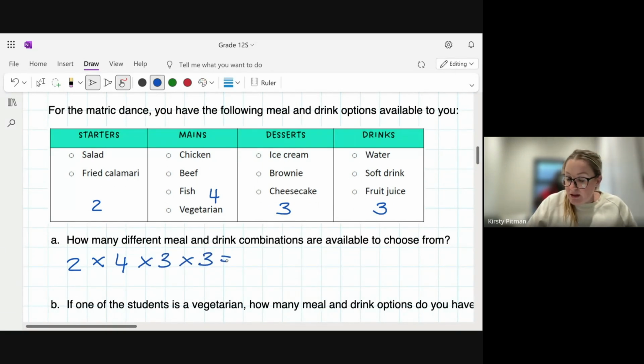Can you give me answers in the chat here? My calculator is up. Anybody? 72? Are we all good with 72? Okay, I'm happy. 72.